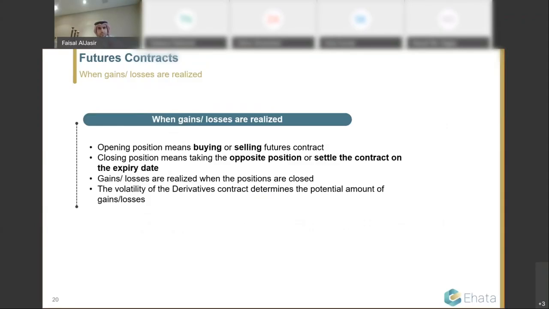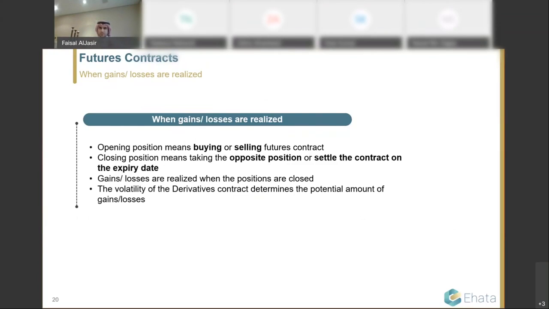Okay. So again, as I mentioned, opening a position doesn't mean only buying a future contract. You don't say you have opened a position just because you have bought. You are having a position open even if you are a seller at maturity.